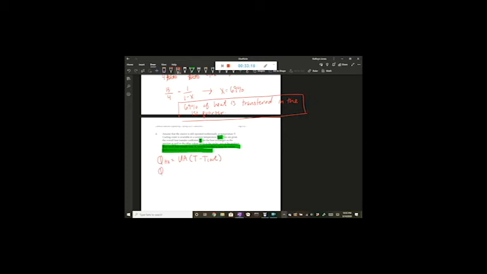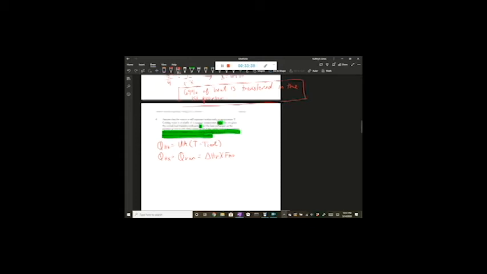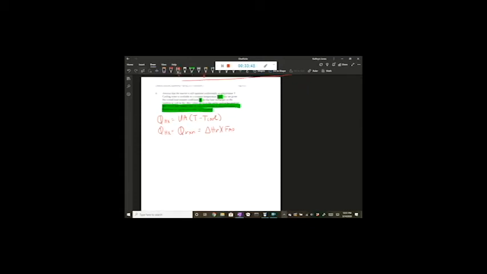And of course, the heat going into our heat exchanger has to be equal to the heat being generated by our reaction, which, as I said before, is equal to delta HR X FA naught. So from here, I can say that UA times (T minus T cool) is going to be equal to delta HR X FA naught.